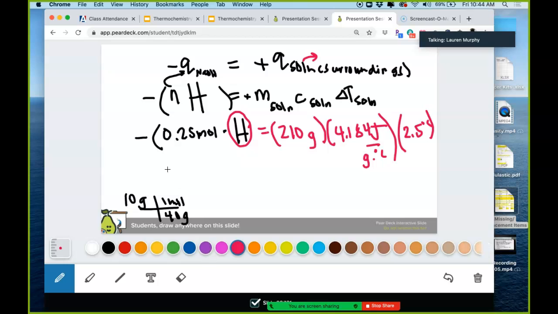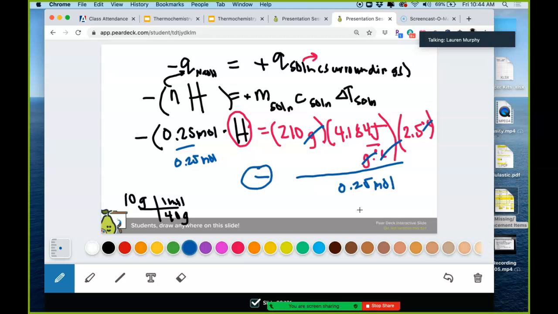Okay. So let's see, units. Grams cancel, Celsius cancels. Now, to get this by itself, I need to divide by 0.25 moles. And then I need to move the negative sign over. So negative, whatever this comes out to be. Now, be careful.